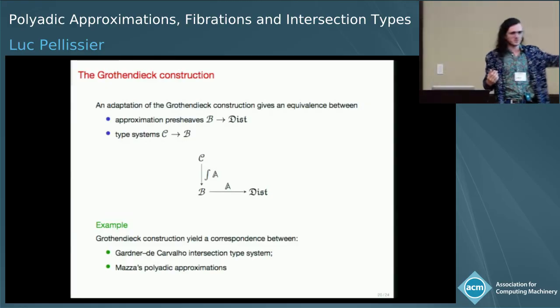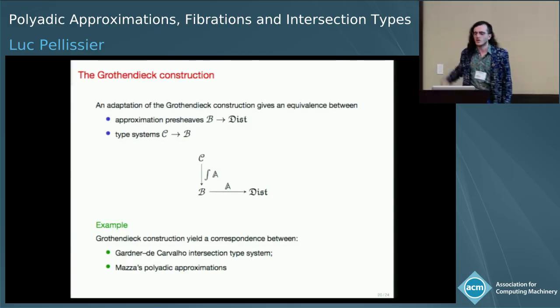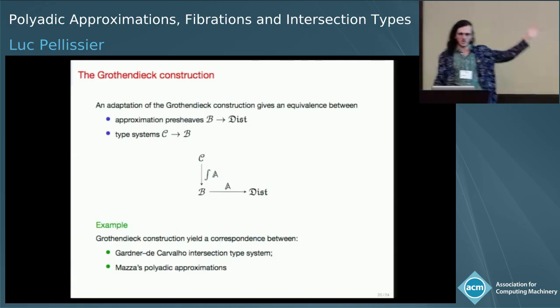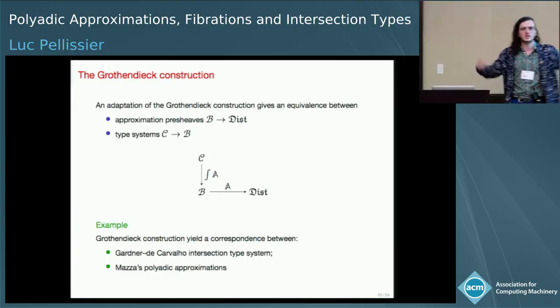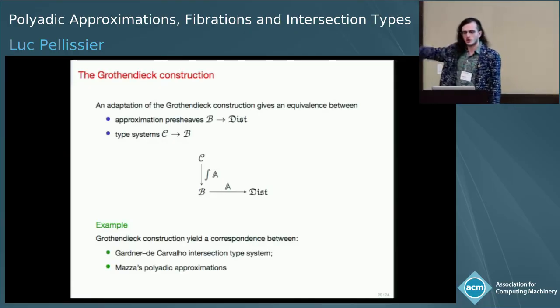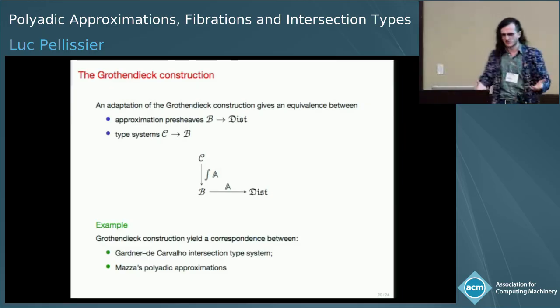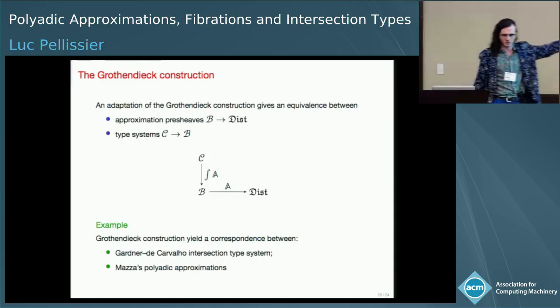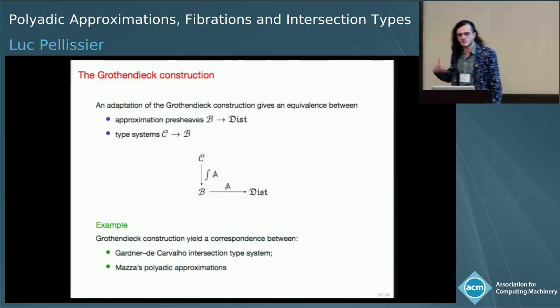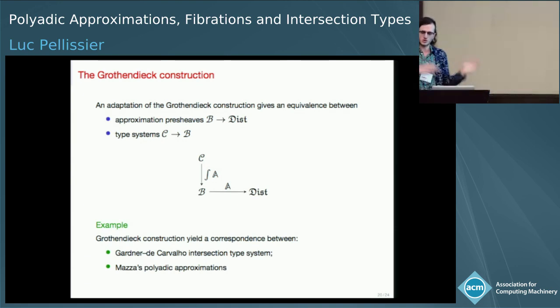And type systems for B, which means that we have two views on type systems, either as some sort of forgetful functors that map a derivation to a term, or as something that maps to a term its set of derivations. And indeed, if we apply this machinery to the examples that I gave before, it yields a correspondence between the two systems that I showed at the beginning.